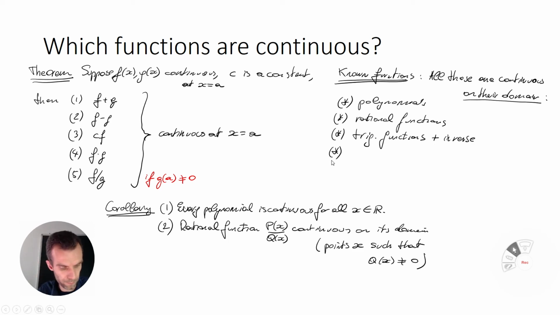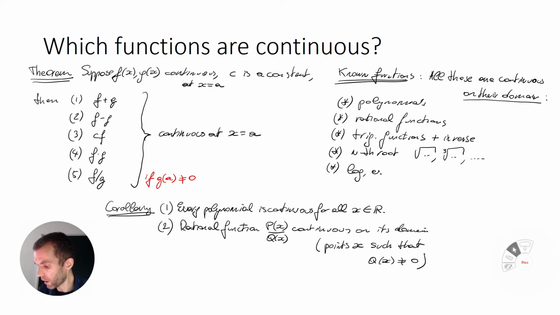Fourth, the nth root functions, so the square root, the cubic root, and so on, and the logarithm and the exponential. So here again, the devil is in the details. You have to check what the domain is because, well, they're continuous on their domain.